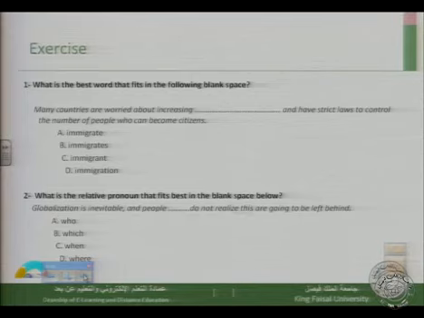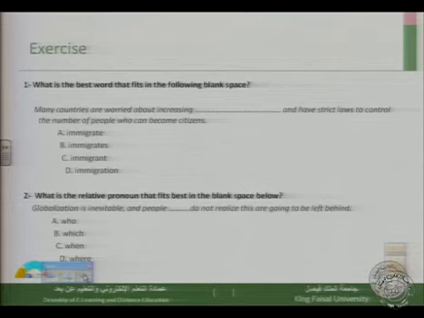The example is 2 questions about this lecture. The first question is, what is the best word that fits in the following blank space? Many countries are worried about increasing blank and have strict laws to control the number of people who can become citizens.